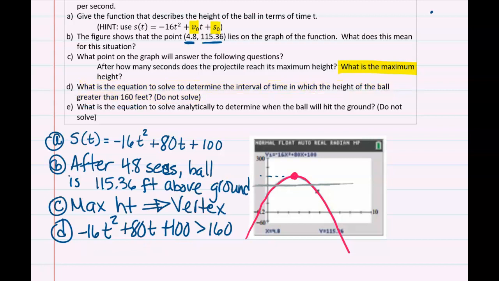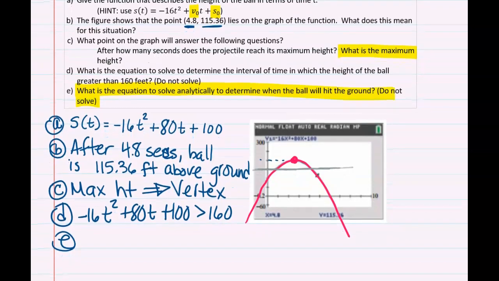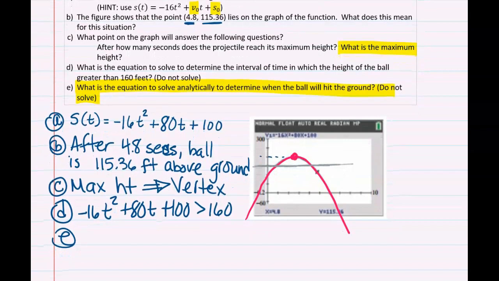Let's go to part E. Part E says, what is the equation to solve to determine when the ball will hit the ground? And again, it didn't ask us to solve, it's just asking us, what would we solve? Well, we know that negative 16t squared plus 80t plus 100 is the feet above ground, but if we set it equal to 0, it will tell us when it hits the ground.